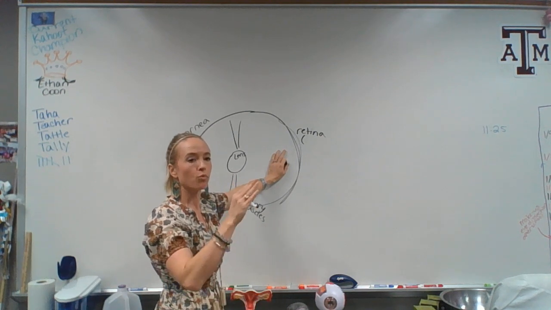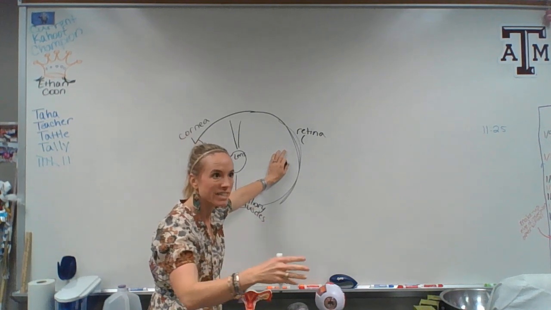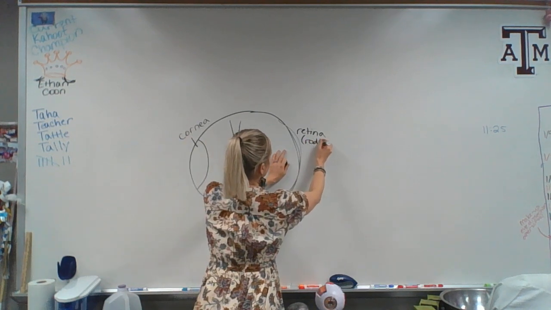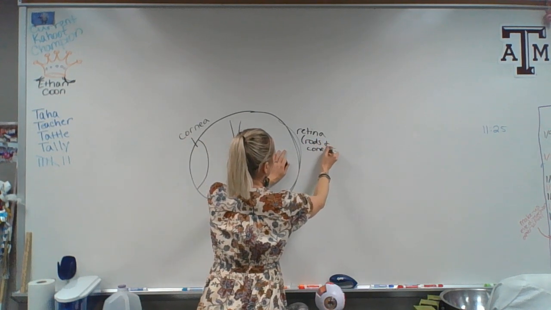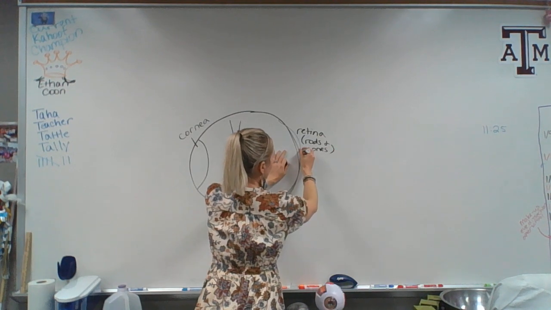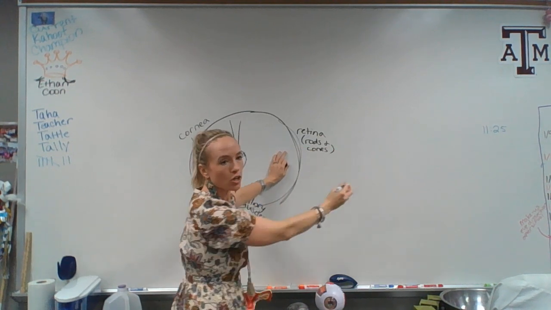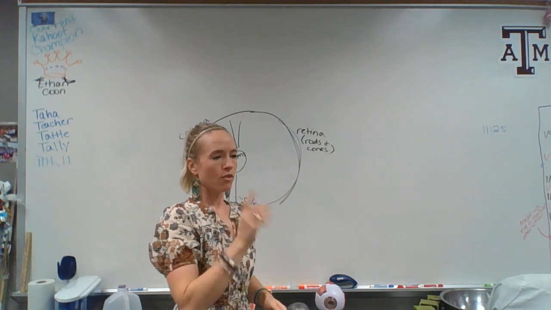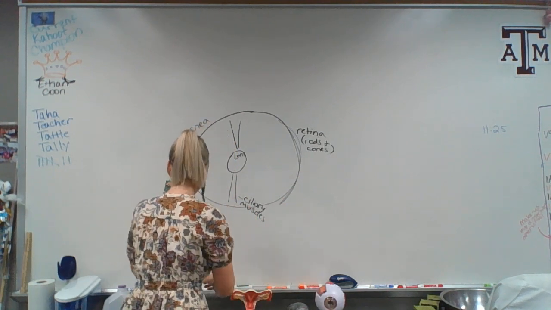Those are called photoreceptive cells, or receive light. So rods and cones are on the retina, and then behind that is the optic nerve, which I'm not going to draw because I'm going to show you nearsighted and farsighted.